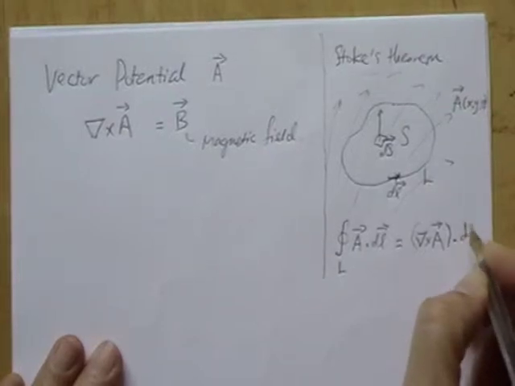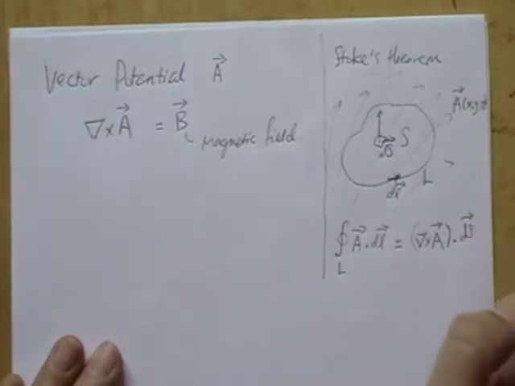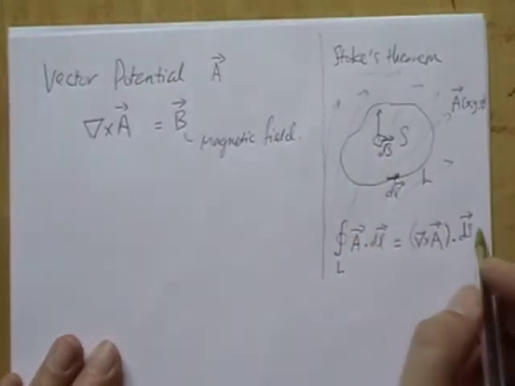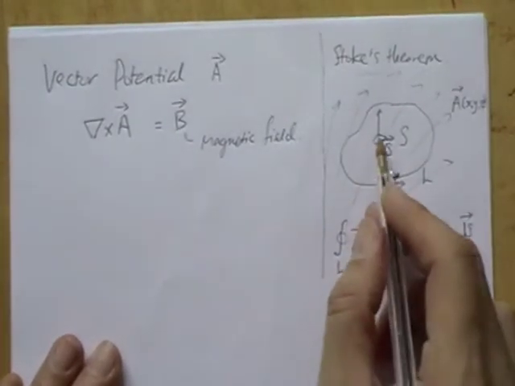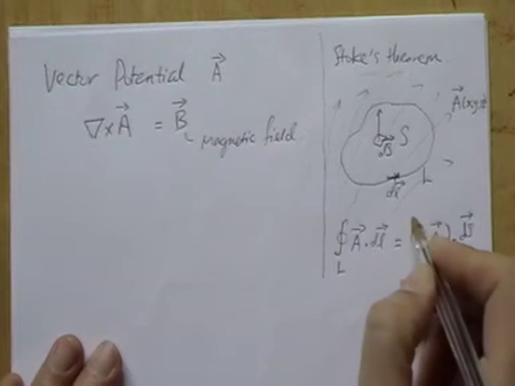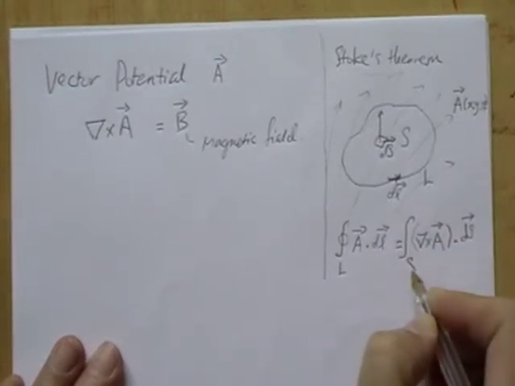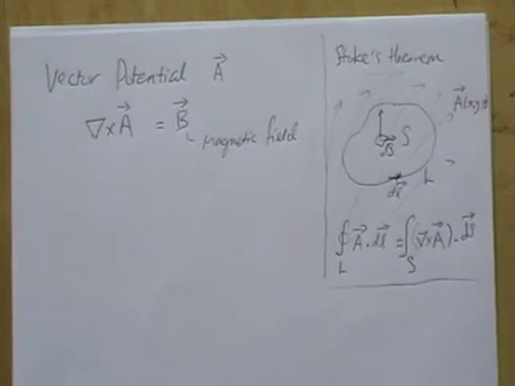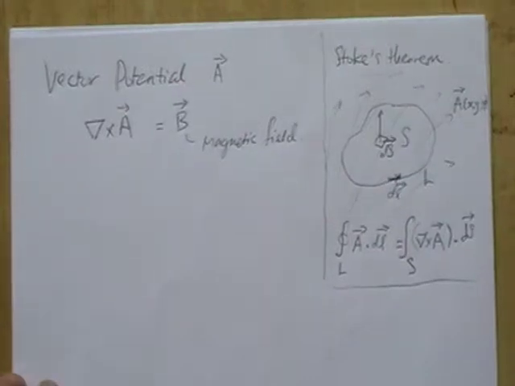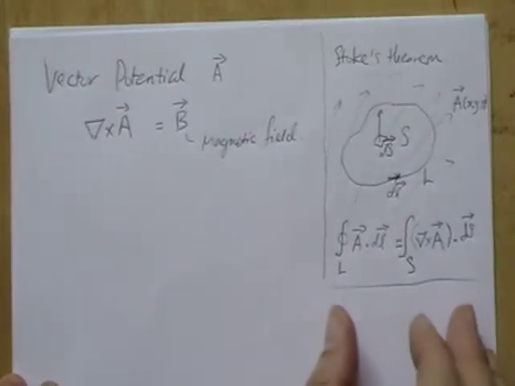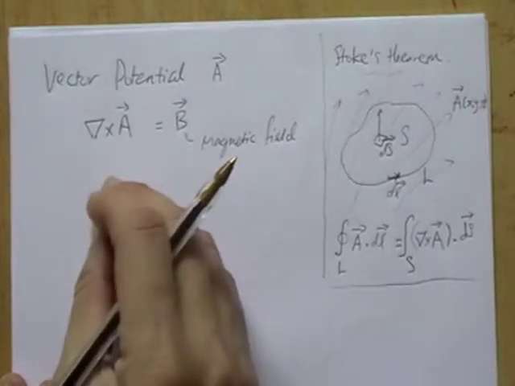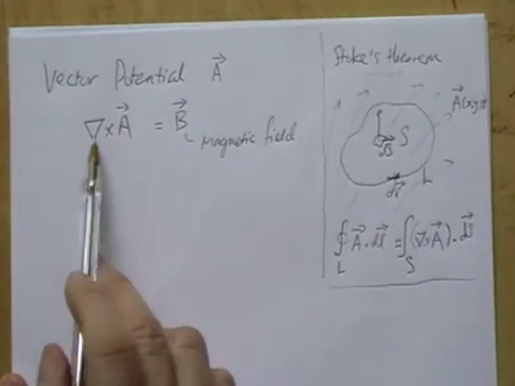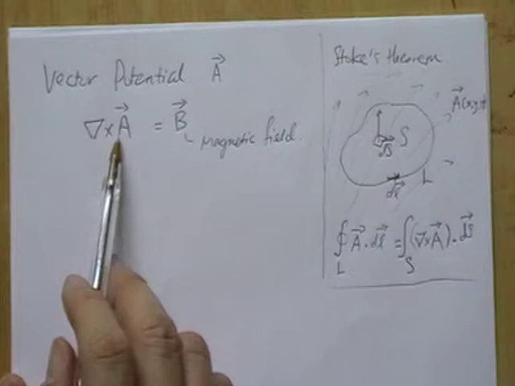So that's the statement of Stokes Theorem that is needed for Maxwell's equation. We would be using it for the vector potential as well, since it involves a curl.